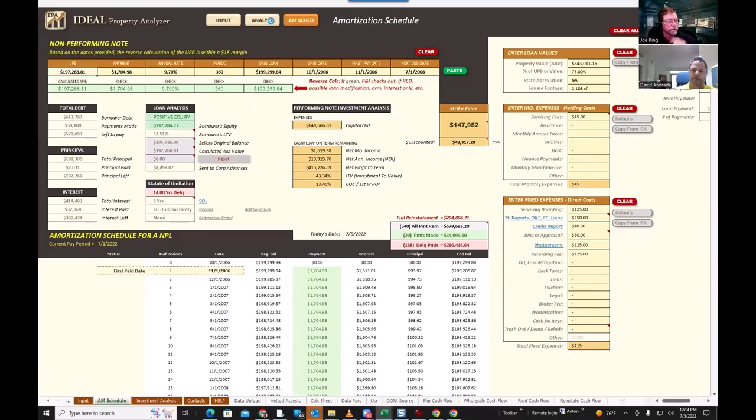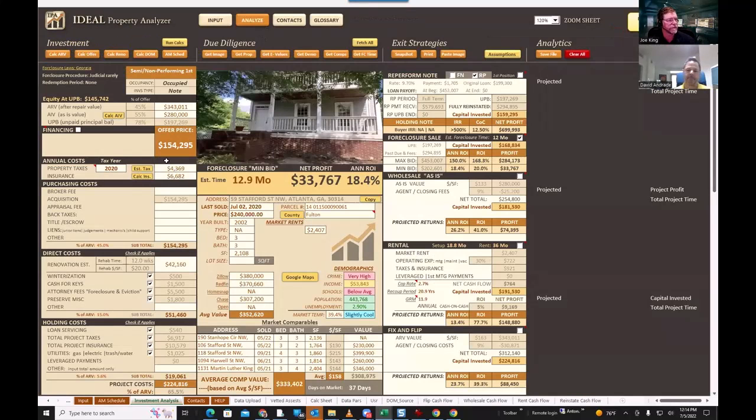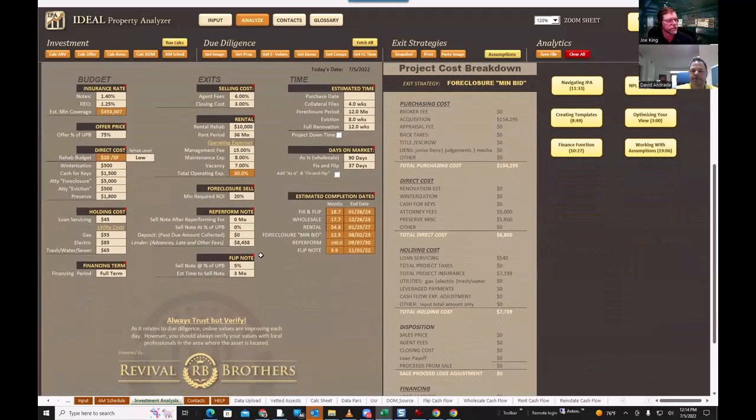So when I come back to analyze it, you'll see that the UPB has changed from that 205 down to 197, and that we've actually accounted for that 8,400 in the lender advances.